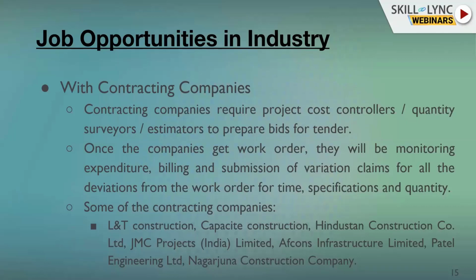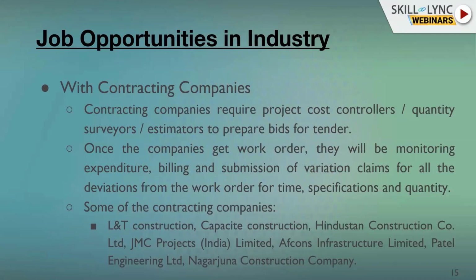So basically, contracting business is like that. When the real estate developers or any client issues the tender, the contracting companies need to prepare a par bid to get the job. So they have to understand all the quantities for the works. They need to work out the exact rates for the work, and then they put up the project cost.